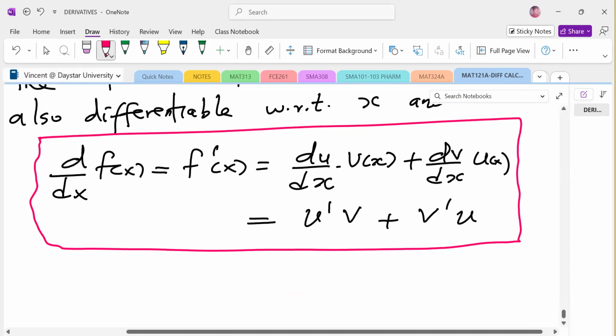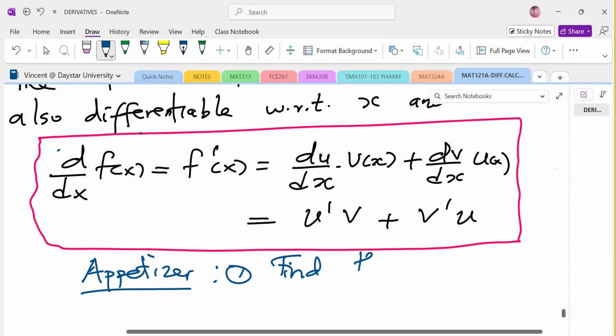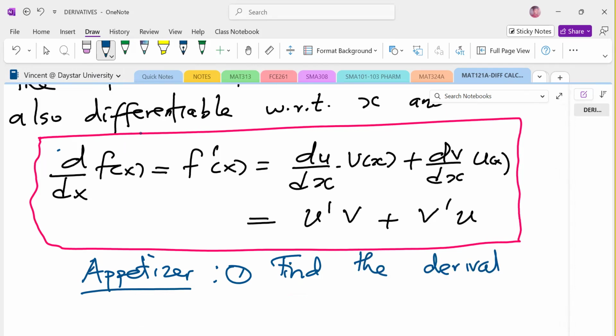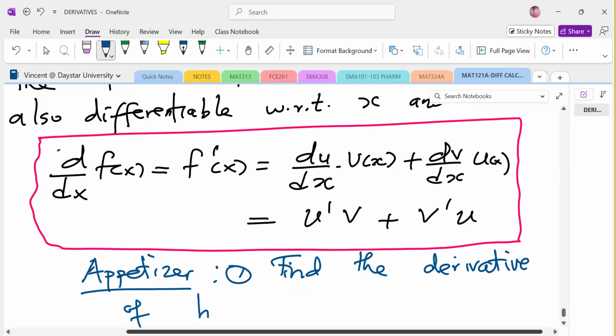So let's begin with an appetizer. Find the derivative of a function h of x, which is given by x squared into 9x plus 2.